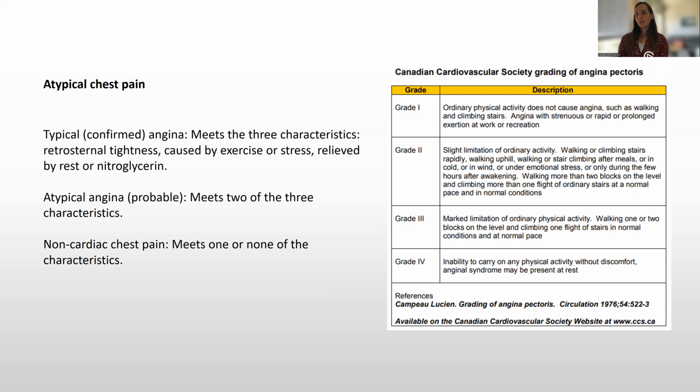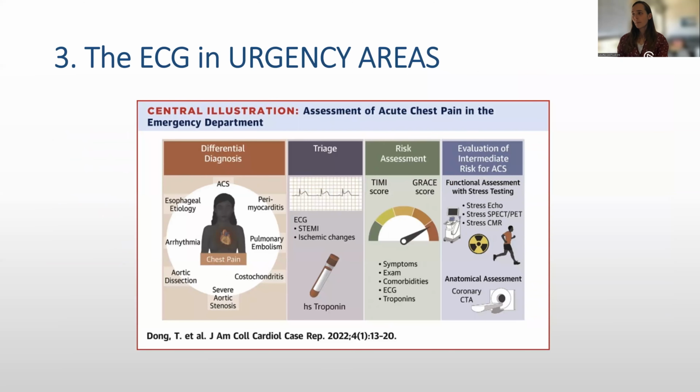This is a classification system used to grade the severity of angina. But there are different classifications. So every country and every emergency department or paramedical service uses different classification systems.